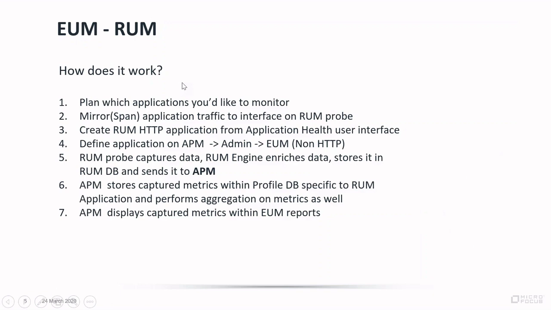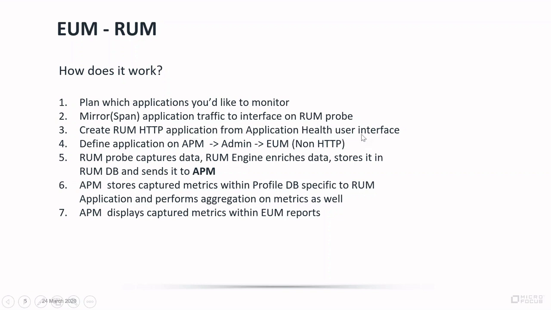So how does it work actually? For getting your application monitored, just plan your application. What type of application do you want to monitor? Is it an HTTP application or a database application? Note what type of application it is and, as discussed in the previous slide, mirror the traffic to the RUM probe, and create the APM HTTP application.